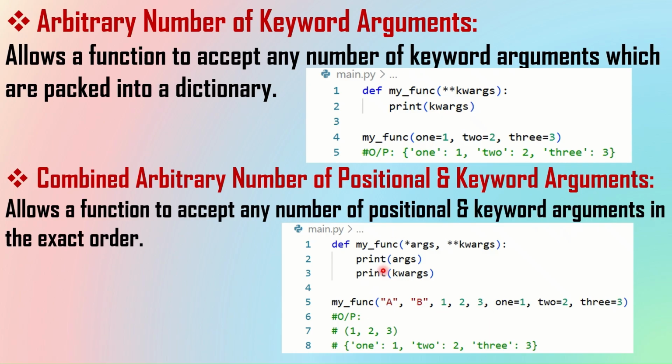Whenever this function prints these keyword arguments, they are in the form of a dictionary. Like this, we can make use of combined positional and keyword arguments in the function definition while calling a function. So this is all about keyword and positional arguments and passing a number of keyword and positional arguments in functions.